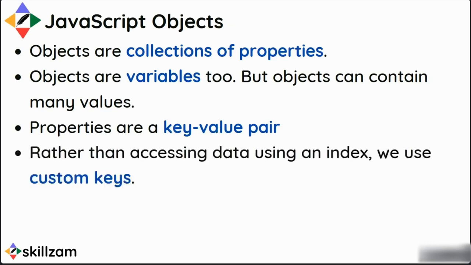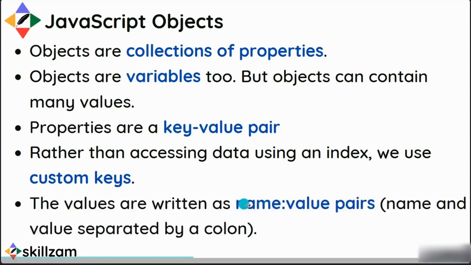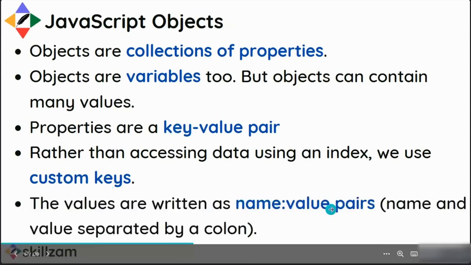So rather than accessing data using an index, like the way we do it in arrays, we use custom keys. You can define these keys, and the values are returned as name value pairs. That is what we call a key value pair or name value pair. Both mean the same, and they are separated by a colon.